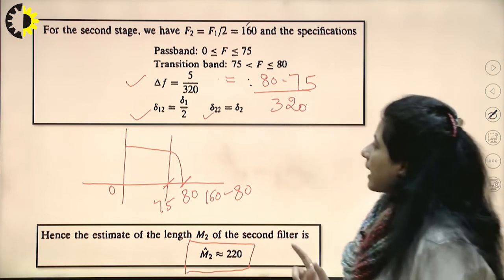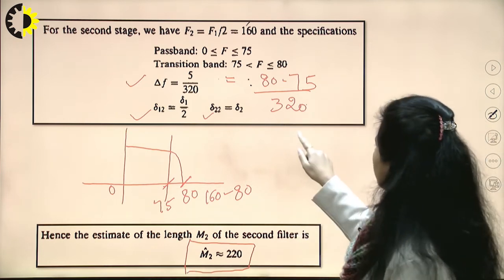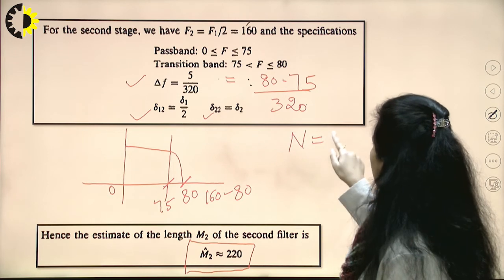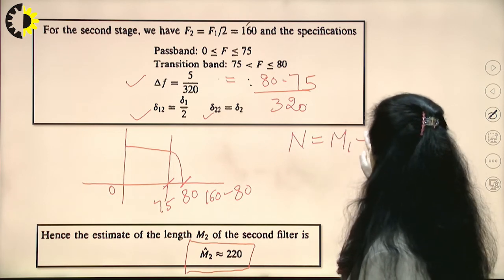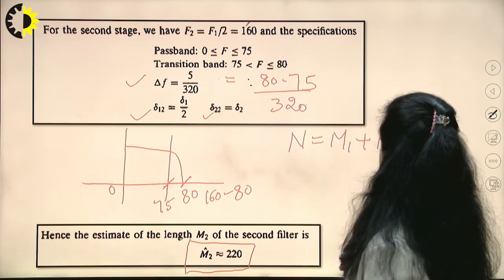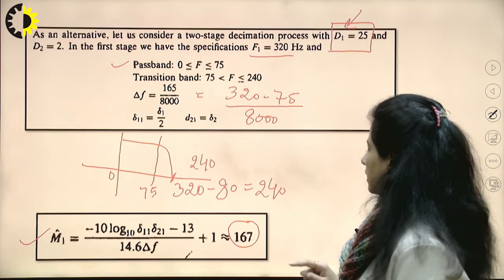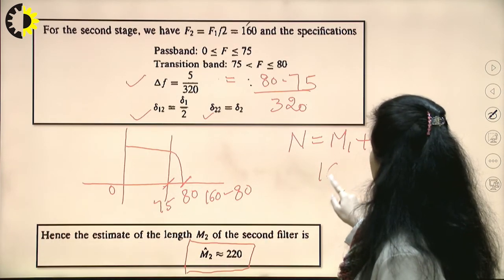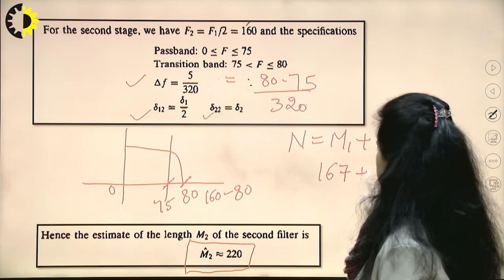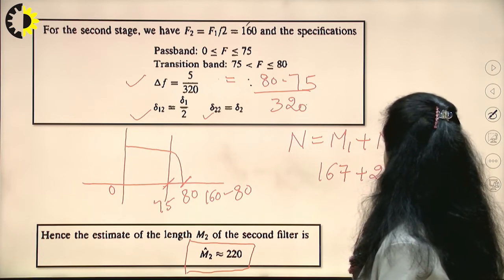So if I want to calculate the overall value of order, it would be the summation of orders of the filters in the 2 stages. So what do I see here? In the first stage, the order was 167. In the second stage, it is 220.